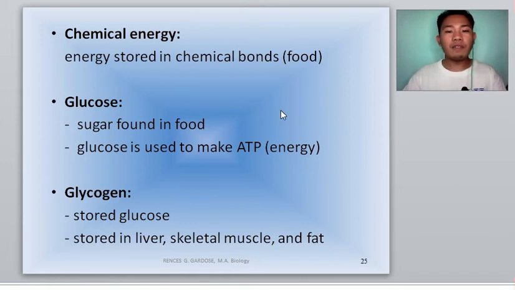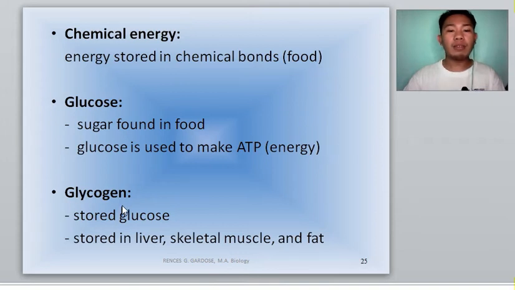And as I've mentioned earlier, this energy can be utilized by our body through several reactions. But before that, of course, we have the glucose, which is a sugar found in our foods, and glucose is used to make that energy in the form of adenosine triphosphate. Glycogen is stored glucose, usually in the liver, the skeletal muscle, and fats of our body.